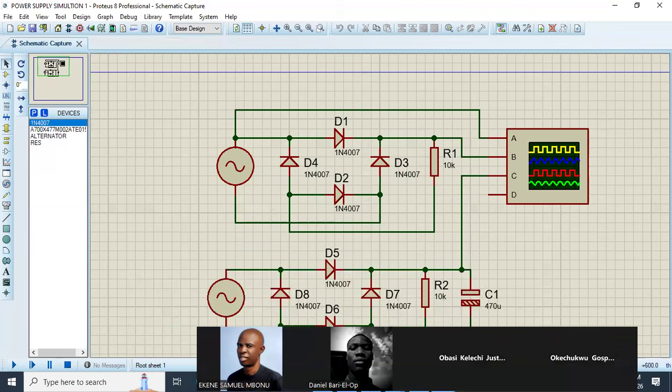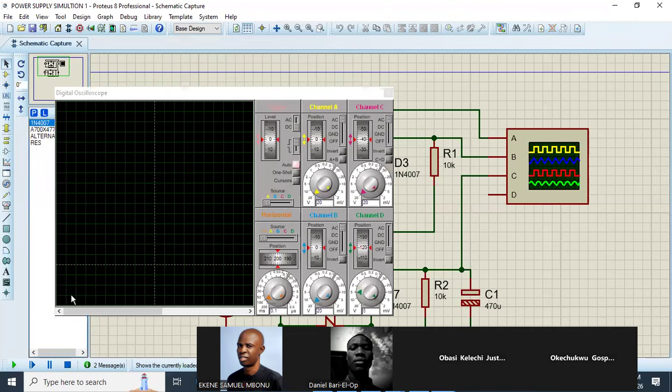Look at what we mean here. This is a typical rectifier circuit. If we run this simulation, we are going to get this.